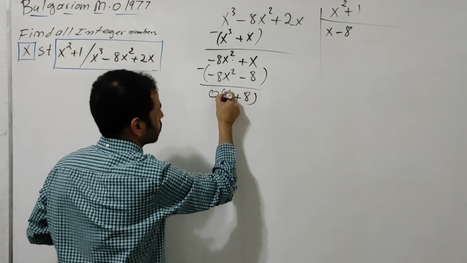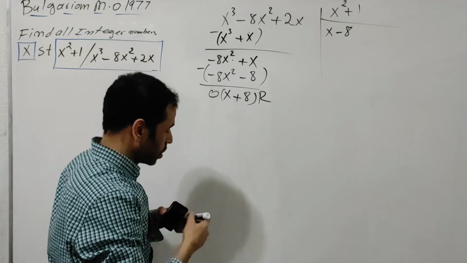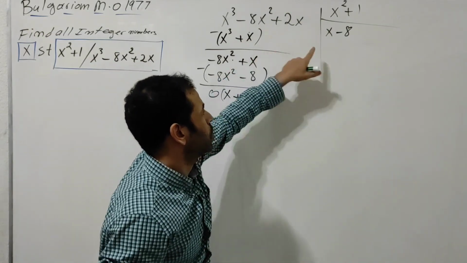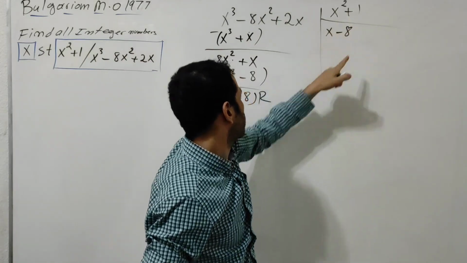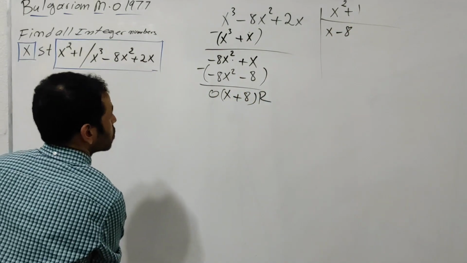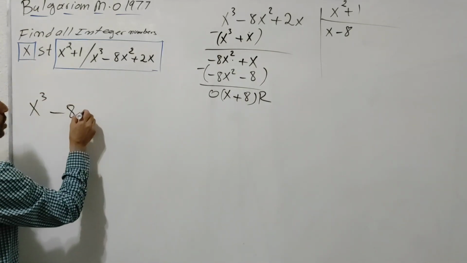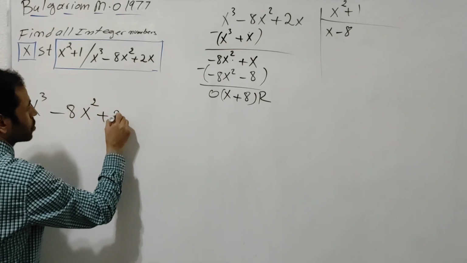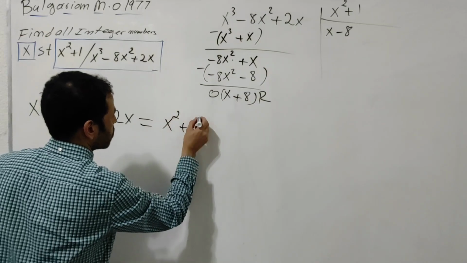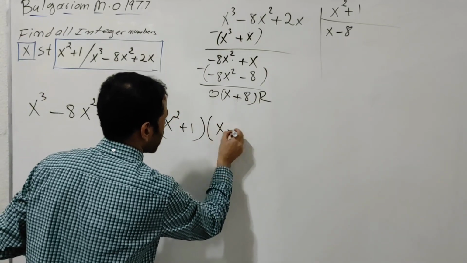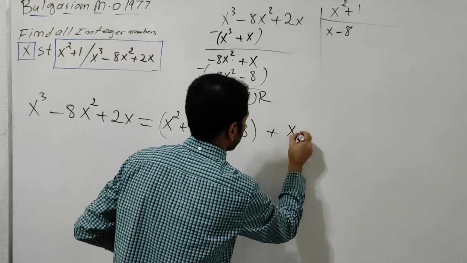Okay, as a reminder, now I'm going to make this one equal to this one multiplied by this one as a quotient, with this one as the remainder. So now I will have x cubed minus 8x squared plus 2x equals x squared plus 1 multiplied by x minus 8, plus the remainder, which is x plus 8.